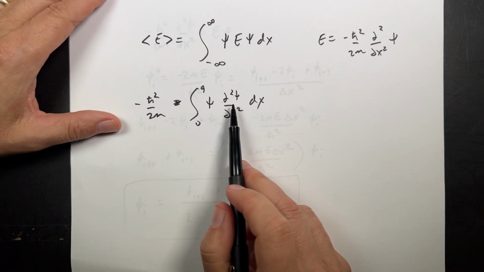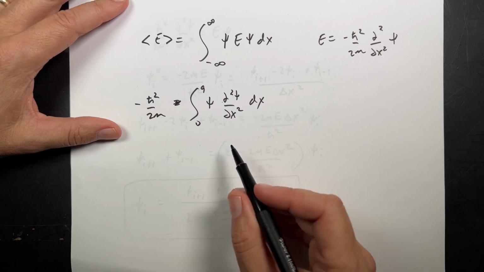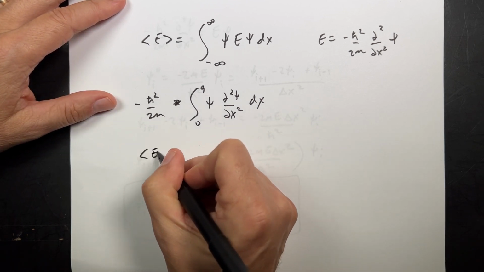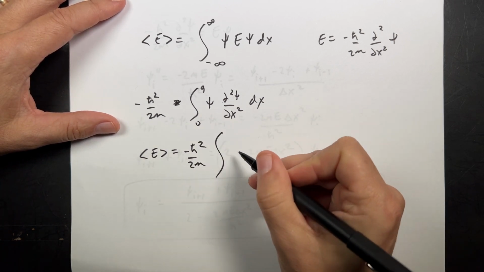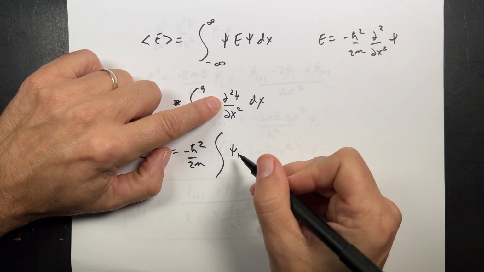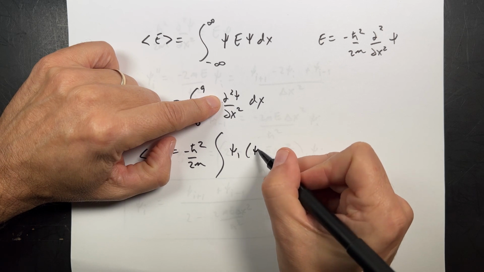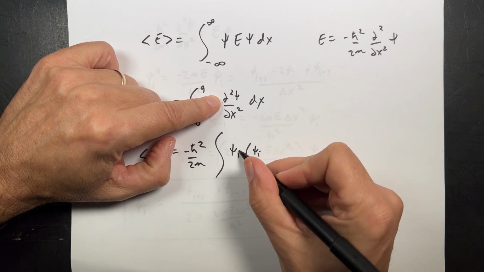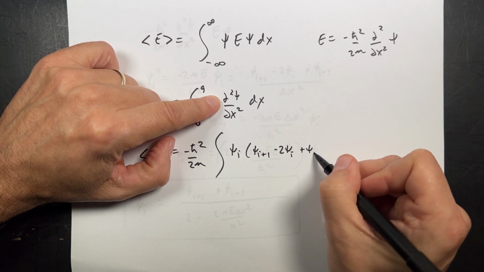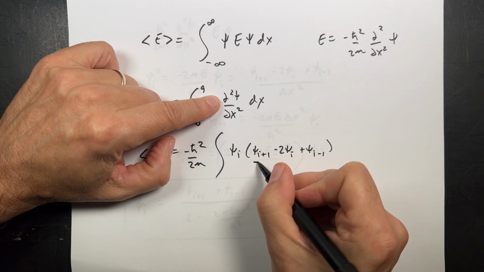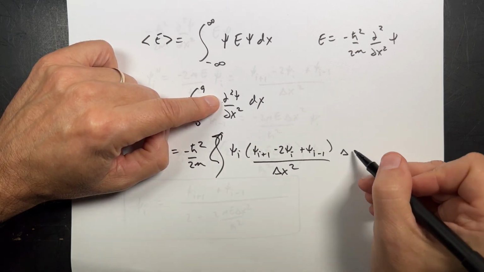Now I can use my expression for the second derivative that I had before. And that will be this: negative h bar squared over 2m, psi i, and then the second partial of psi with respect to x is psi i plus 1 minus 2 psi i plus psi i minus 1, all of that over delta x squared, times, this is a sum now, delta x.